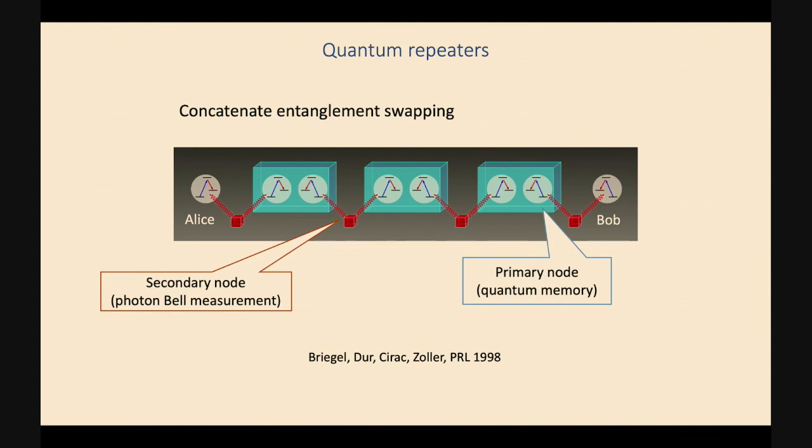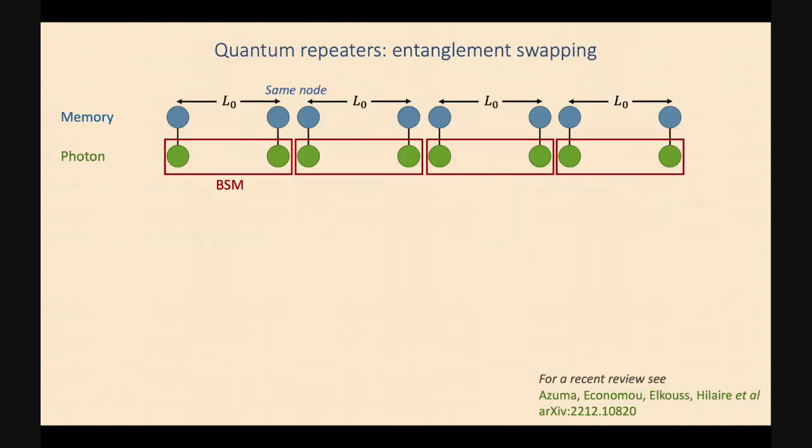You need, as mentioned, to concatenate this process. So now the way this works, at least in principle, is you have these nodes where you emit the photons, shown in the blue. And then you have these intermediate red nodes where you measure the photons. And let me show you in a more abstract way how this works. So in the middle, the blue ones are in the same node.